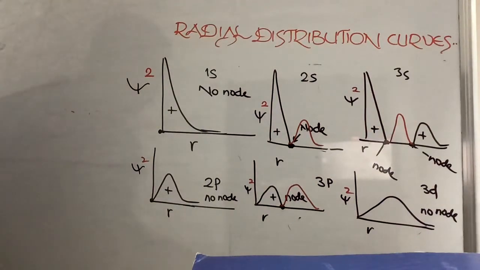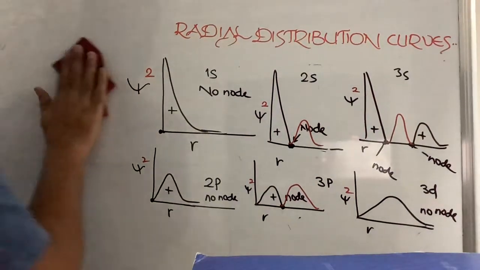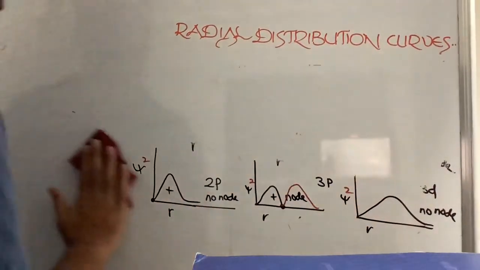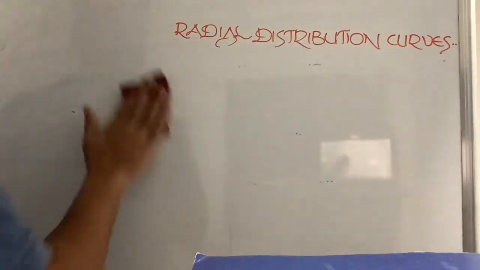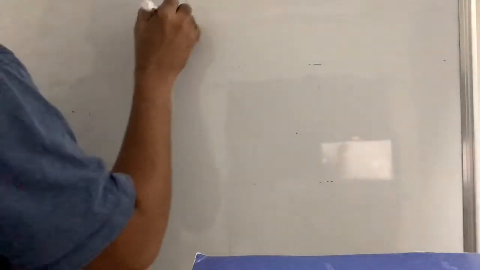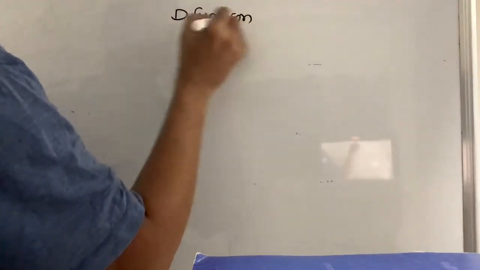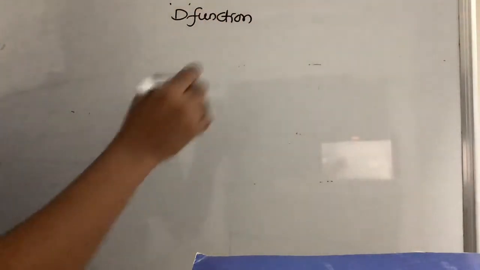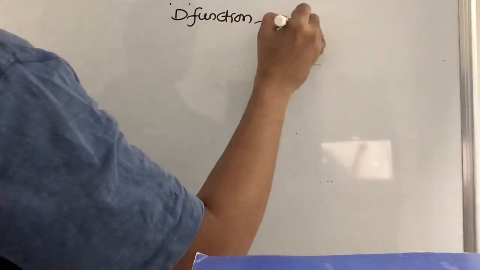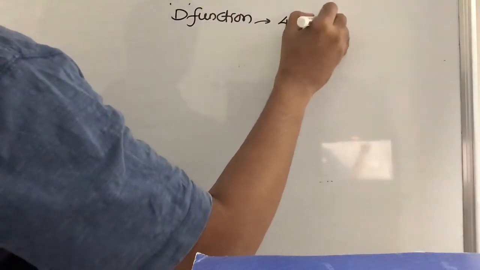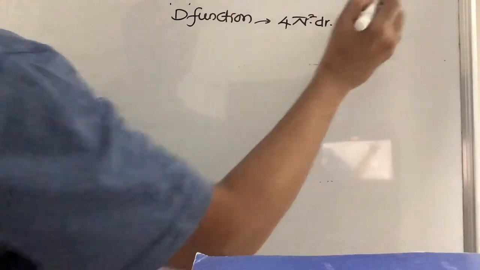One more curve we are going to see, that is D function curves. D function curves are important for your examination. Generally, they will ask you D function only. D function means 4 pi r square into dr into psi square.